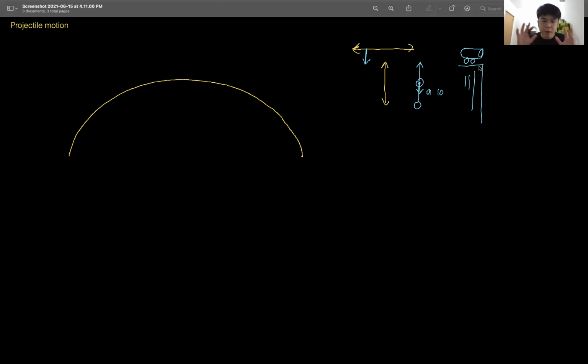Now, when I turn off the gravity switch, then I shoot the cannonball. It's going in this direction, right? I shoot it horizontally. So I give it an initial velocity v here. And because there's no air resistance and no gravity, what is the path it will take? It will continue to move straight like this at a constant velocity.